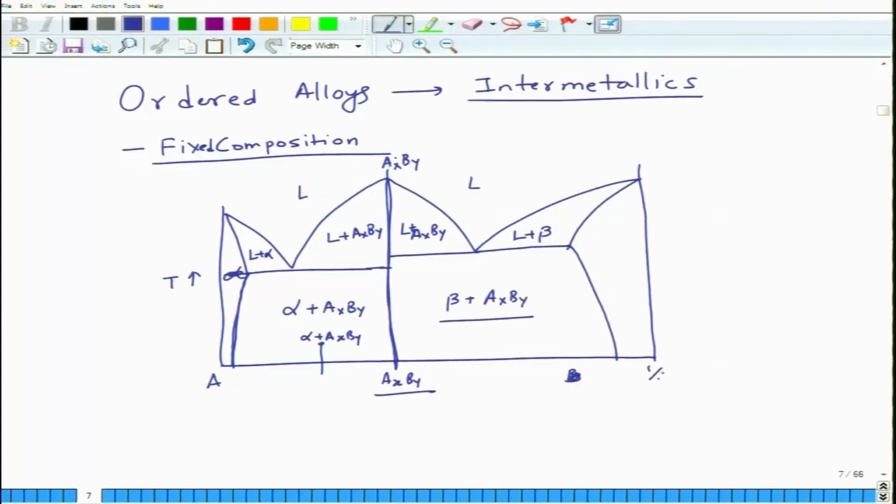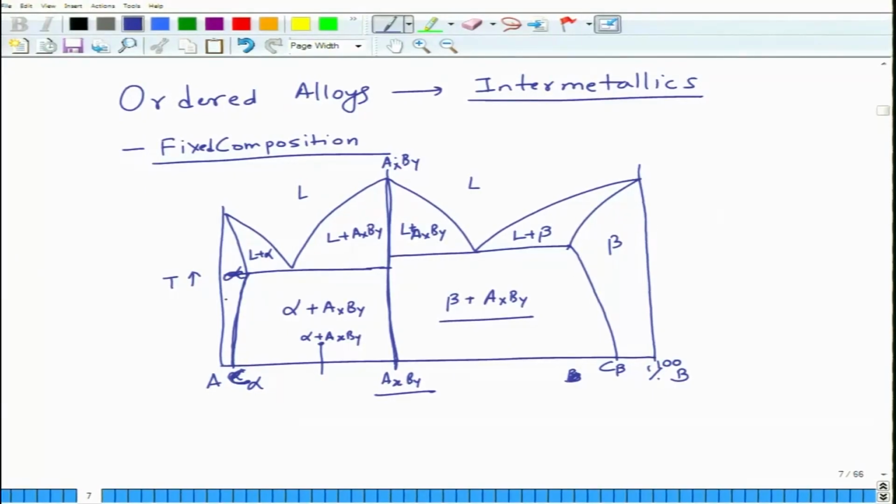So this will be 100% B, and this is, let us say, C alpha, this is C beta. So solid solubility of alpha is increasing as you increase the temperature, and solid solubility of beta is increasing as you increase the temperature towards the left; this is the beta phase.